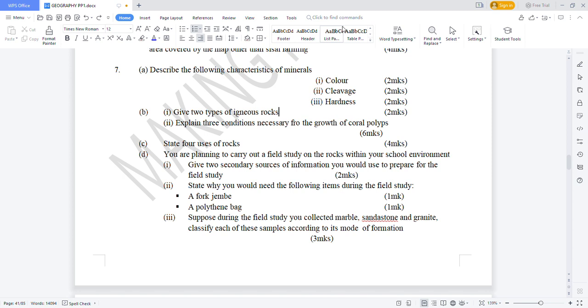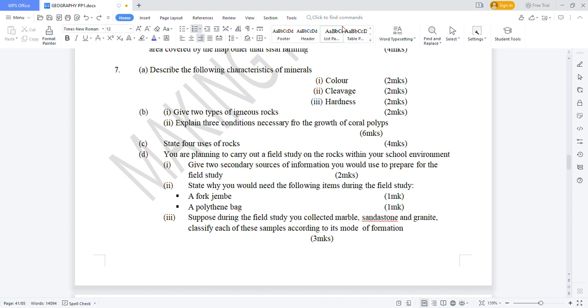Part C of the question says, state 4 uses of rocks. So the first one, rocks are tourist attraction sites. Another one is provide construction materials.